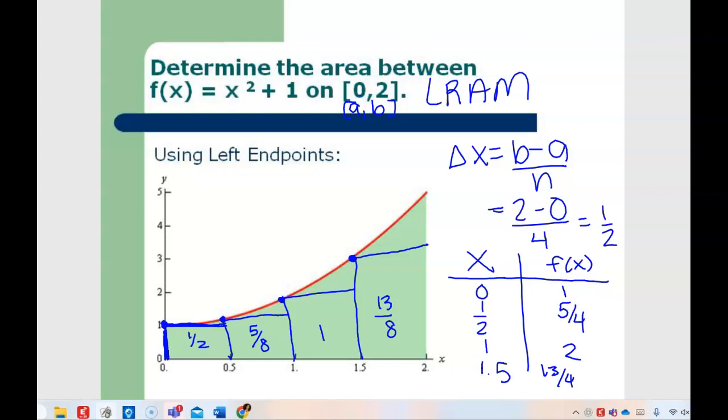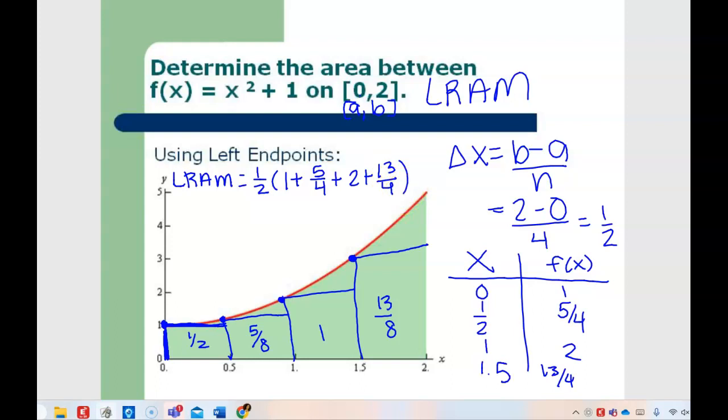When all of the widths of your rectangles are the same, you can multiply each height by 1/2, or you can say that the left RAM is equal to the base factored out. You can sum all of your heights and then multiply by half.